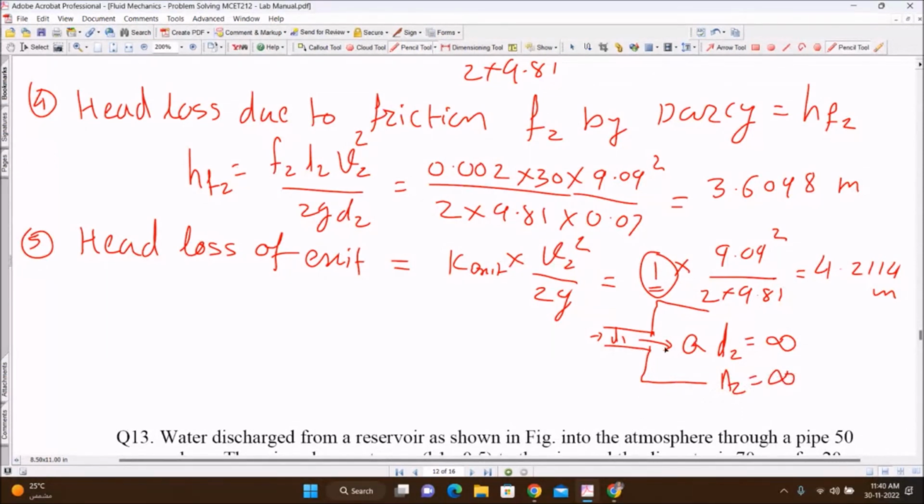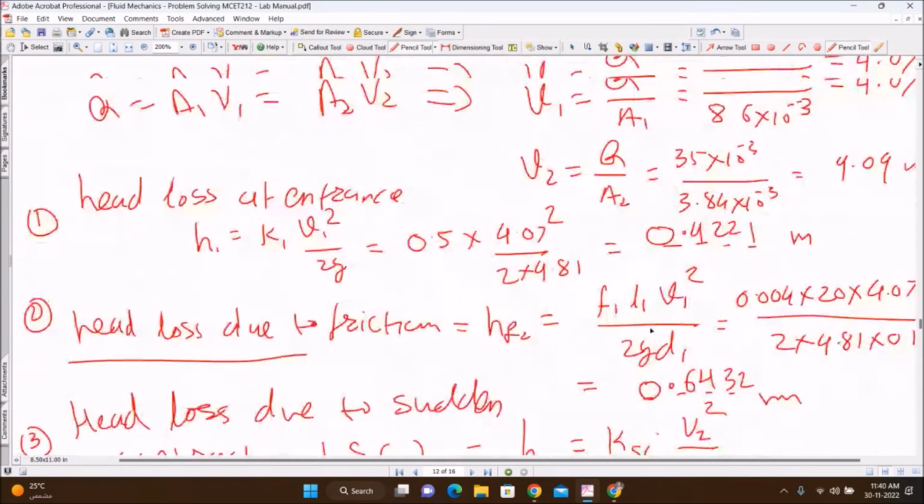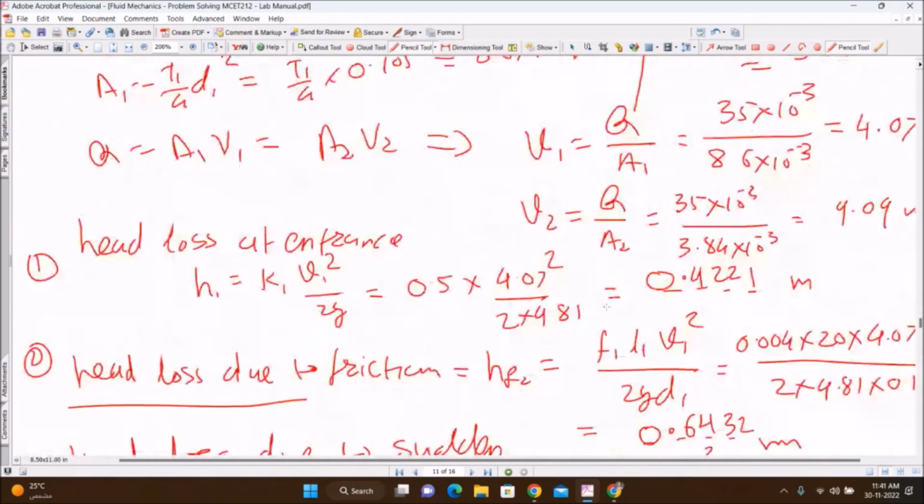Okay, and this is a sudden expansion, and as we know for sudden expansion, D1 square by D2 square, with infinity square, this term is meaningless. So what is remaining? 1. So this is the reason why we are taking the exit factor as 1.